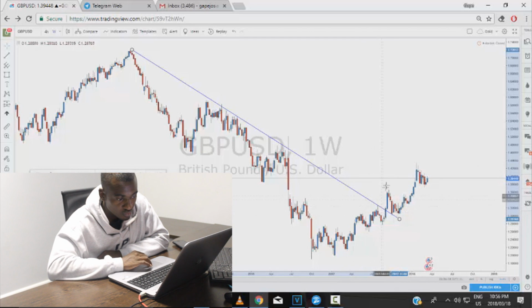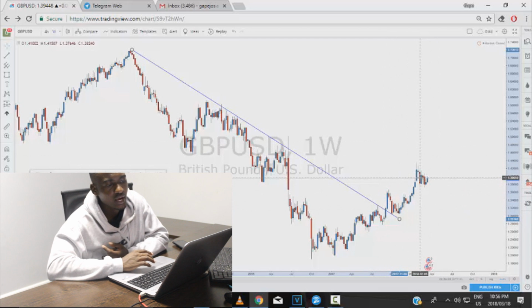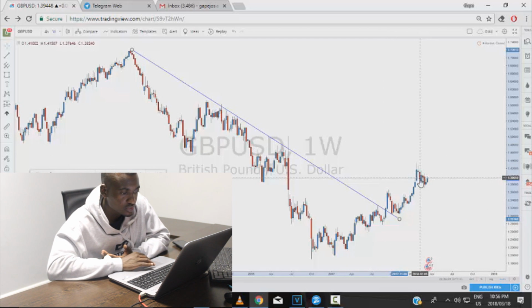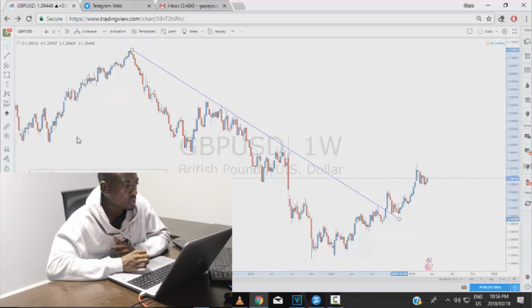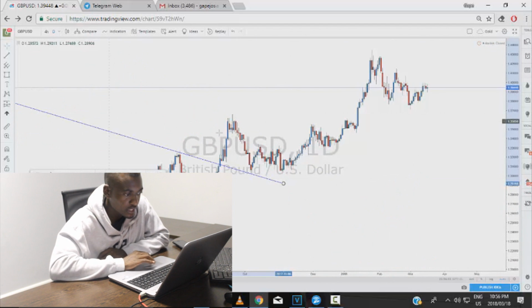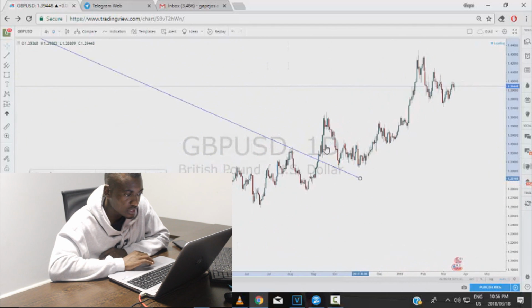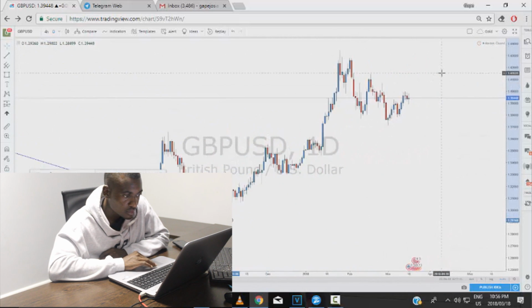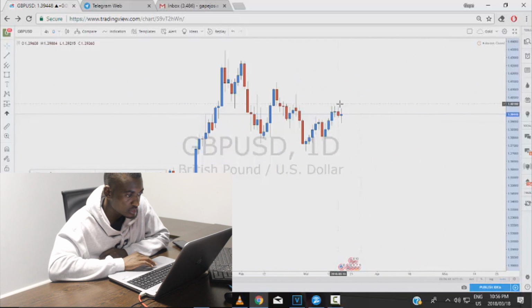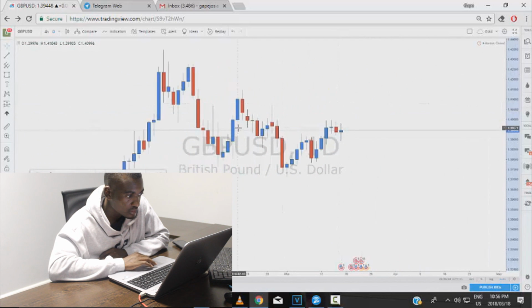We broke out and came to retest it, and then we're going to make higher highs, which means this trend was in an upward trend. We're going to get to the daily, and you see what happened on the daily. We broke out, we came to retest, then we continued consolidating, and then we shot up and shot up and shot up. Now the question is, what is happening right now?